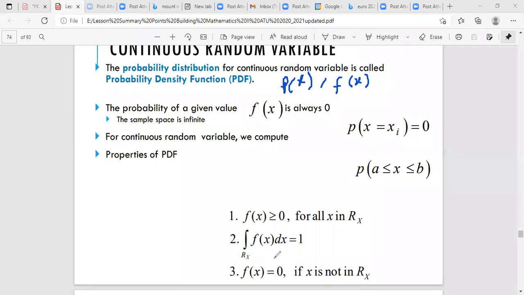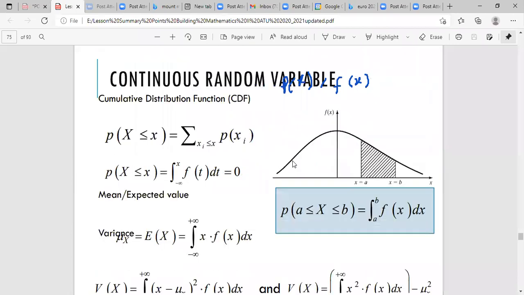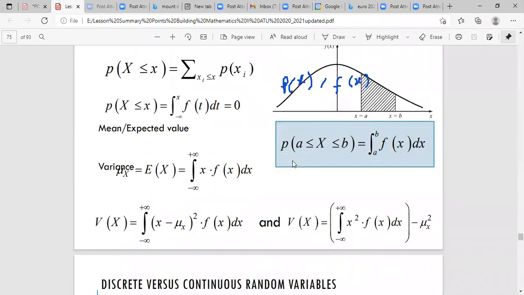Now, let's move on and look at a comparison between what we have just looked at and the discrete random scenario.